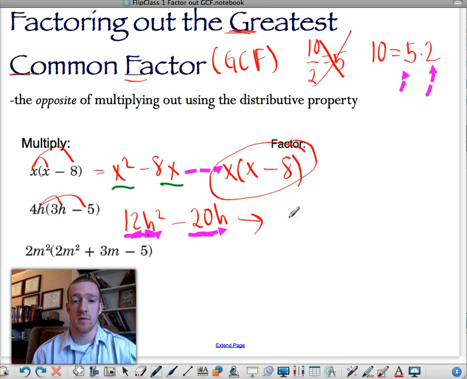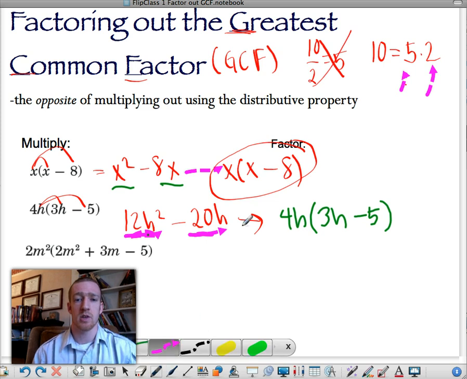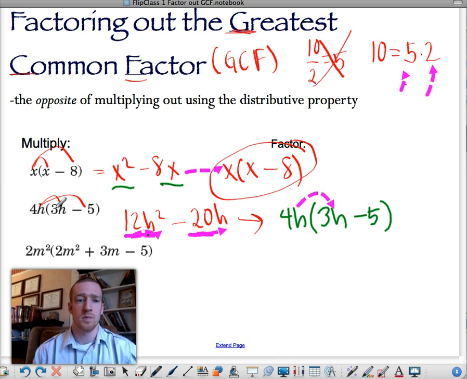So I can divide a 4h out of both, and that leaves me with a 3h, and negative 20h divided by 4h is negative 5. This is the factored form. And what you're going to want to do also is do a quick mental check and make sure it actually does work. So once you factor something, quickly redistribute in your head. Does this times this equal what I started with? Yes, it does. Does 4h times negative 5 equal negative 20h? Yes, it does. So I did it correctly.